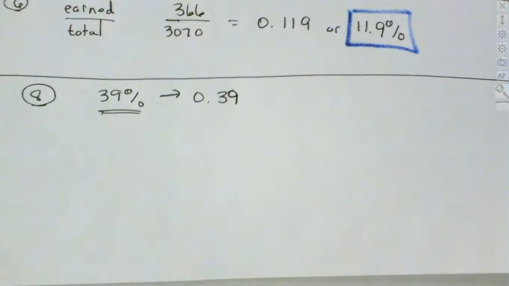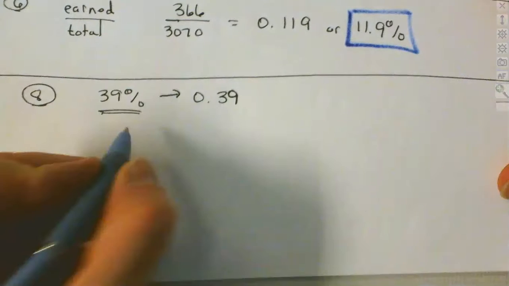Okay? And it says 39% of what number is 68? So, what do we know? 39% of what number is 68? When I find that number, it's going to be larger than 68, right? Because we want to be able to take 39% of whatever number we find and get our 68.